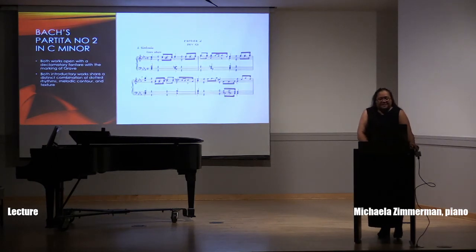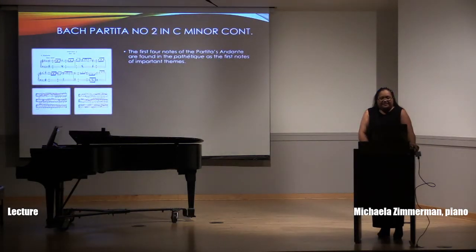Regarding Bach's Partita No. 2 in C minor, both works open with a declamatory fanfare with a marking of grave, of which both share a distinct combination of dotted rhythms, melodic contour, and texture. The first four notes of the partita's Andante, G, C, D, and E flat, prominently repeated throughout the work, are found in the Pathetique as the first notes of important themes.